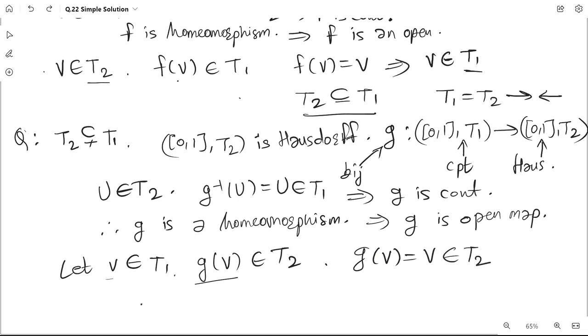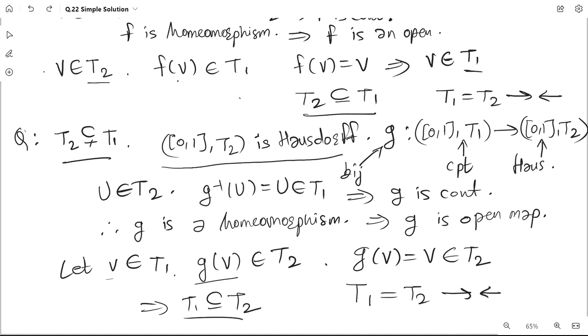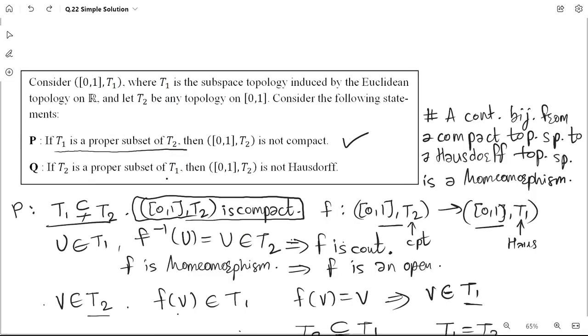So it means that T1 is contained in T2. So from this and this, we get T1 is equal to T2, but this is a contradiction since we assumed that T2 is a proper subset. So this is a contradiction. Therefore, this is not Hausdorff. Our assumption is false. Therefore, Q is also true.